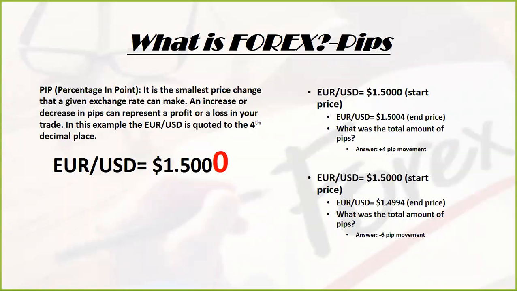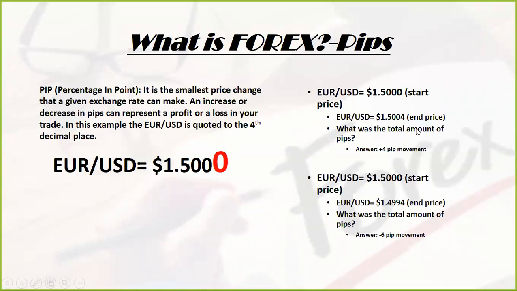In this example here, looking at EU, you can see that the price is quoted to the 4th decimal place. So we have not 1, not 2, not 3, but 4 decimal places. The change of this last decimal place will determine how many pips you move.